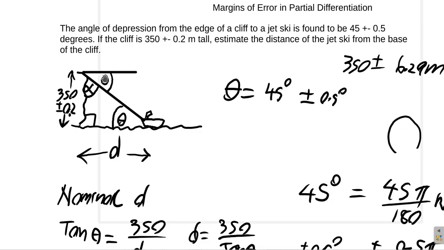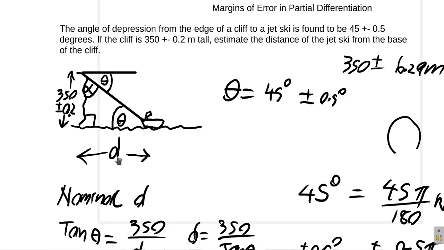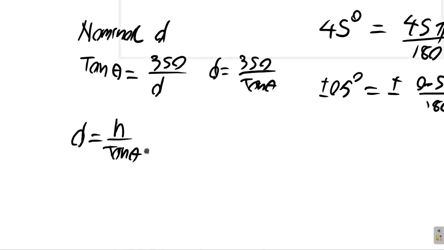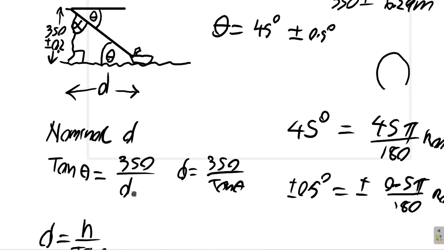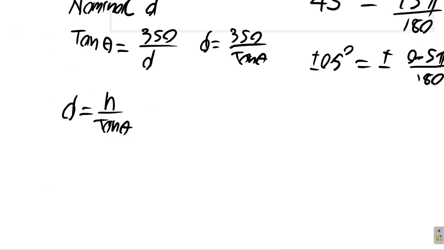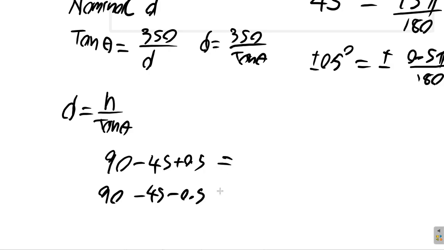No, this angle plus alpha would be 90 degrees, right? So let's use that. Now 90 minus 45 plus 0.5, and 90 minus 45 minus 0.5. What would these be?